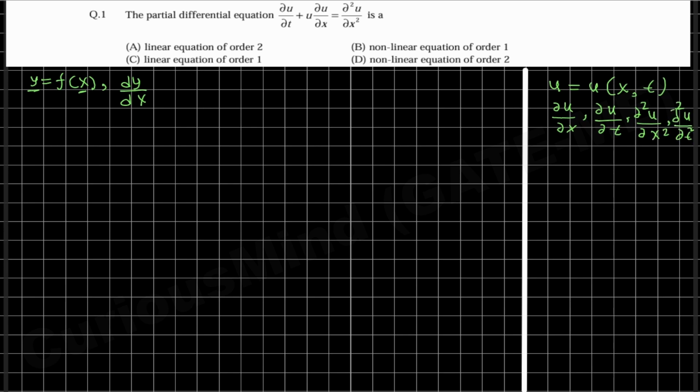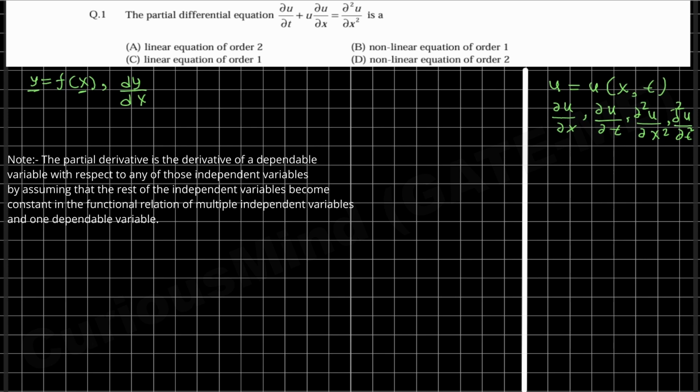What we observed here is that the partial derivative is the derivative of a dependable variable with respect to any of those independent variables, by assuming that the rest of the independent variables become constant in the functional relation of multiple independent variables and one dependent variable.